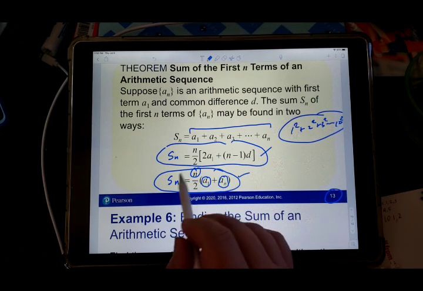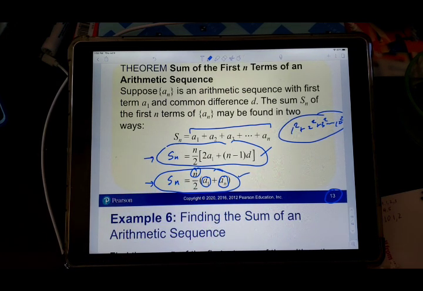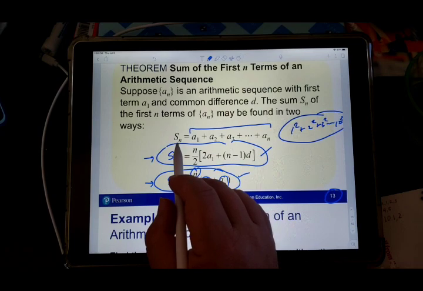By the way, in both of these cases, n isn't a variable anymore. It is the number of terms. So personally, I don't like this formula to have an n in it.